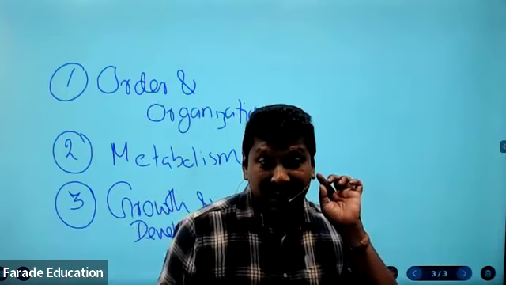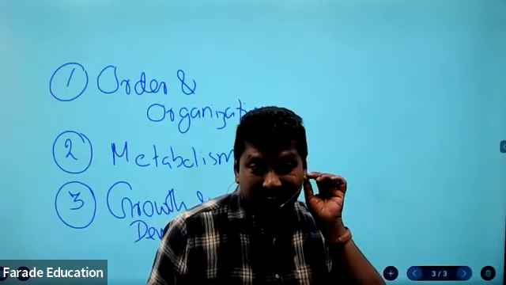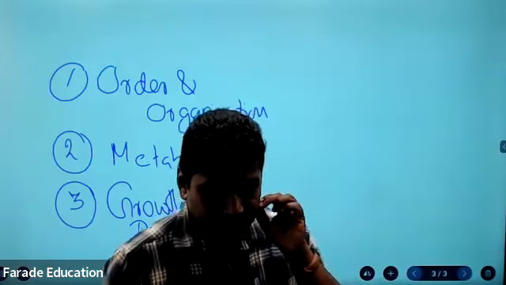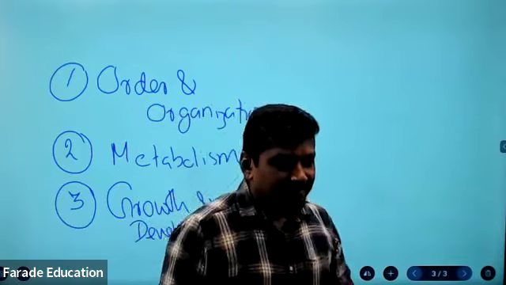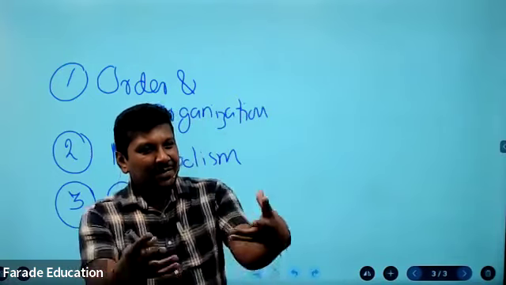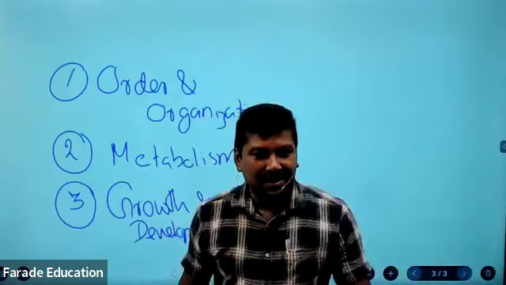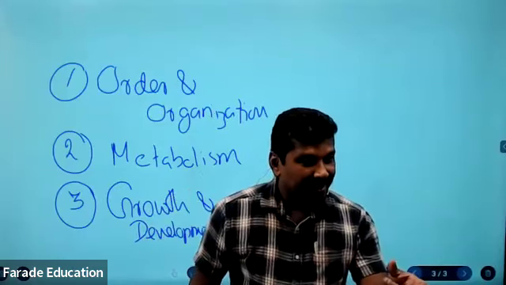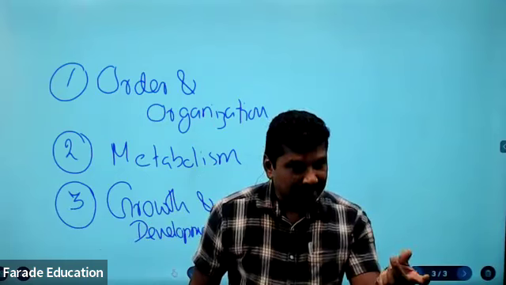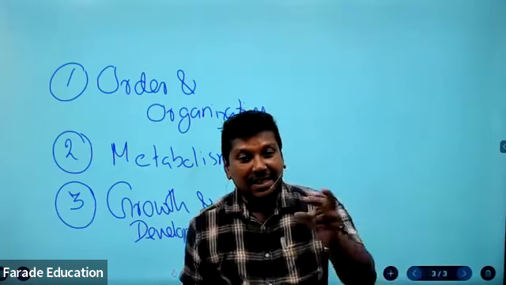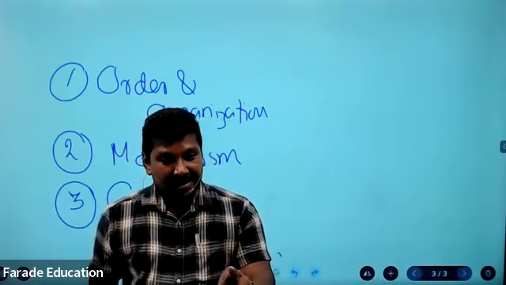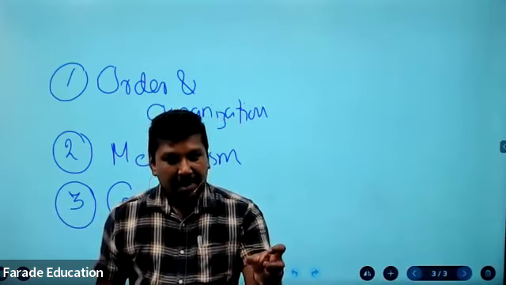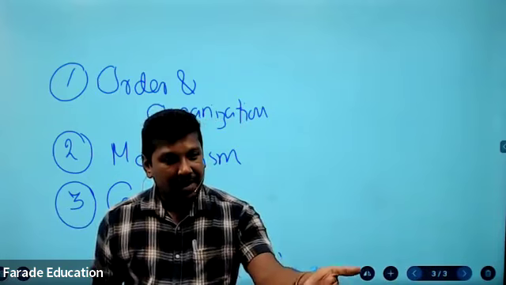What is development? Irreversible increase of complexity. When you get developed, what happens? You have a change, which is irreversible. Now in a butterfly, the larva becomes the mature butterfly.